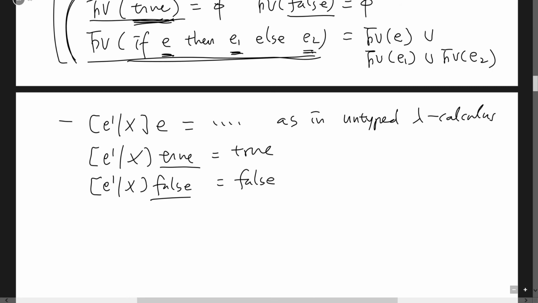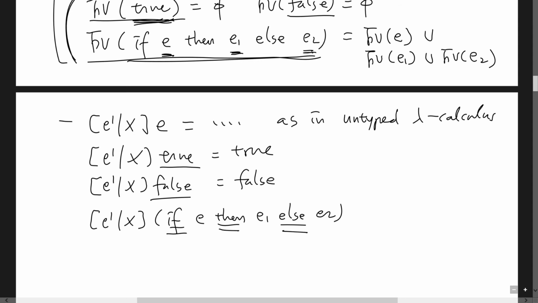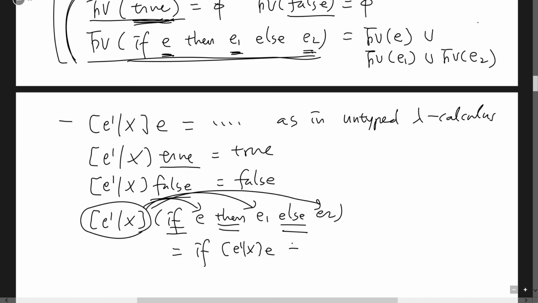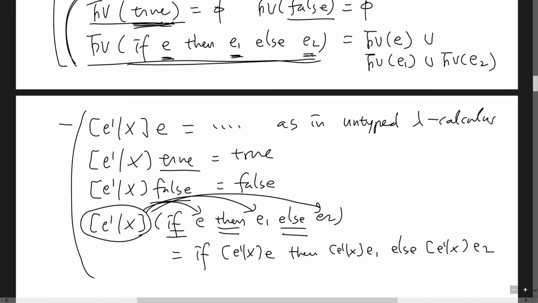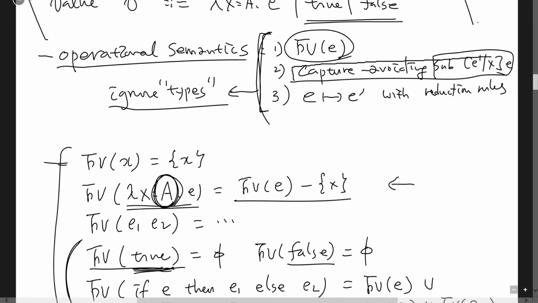And finally, E prime for x in if E then E1 else E2. There are no variables here, so you can simply propagate the substitution into these three individual expressions. So the answer is if E prime for x in E, then E prime for x in E1, else E prime for x in E2. In this way, we can define these capture avoiding substitutions.